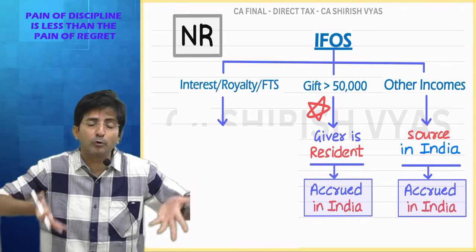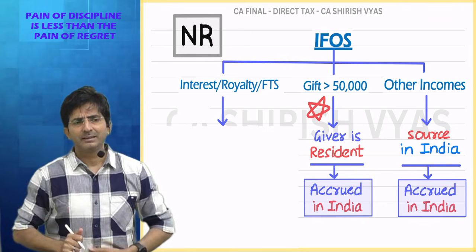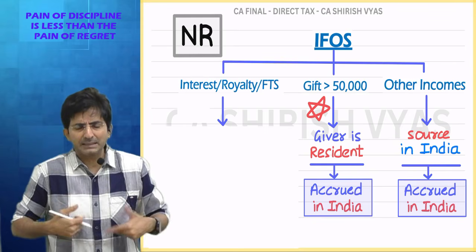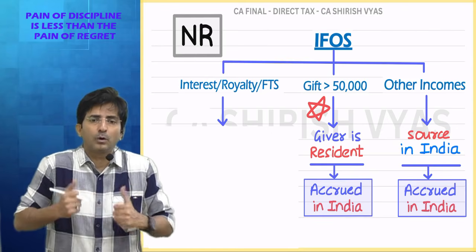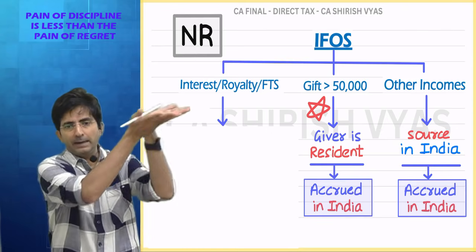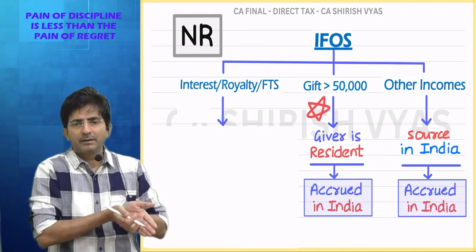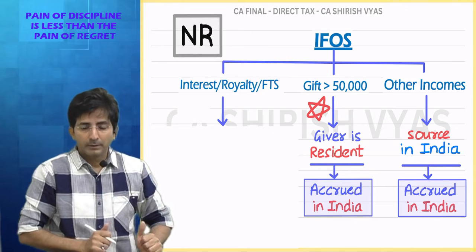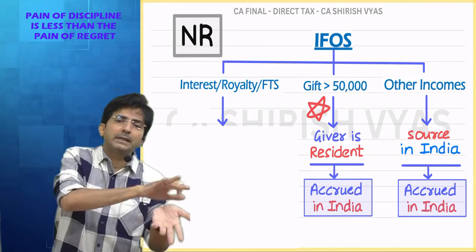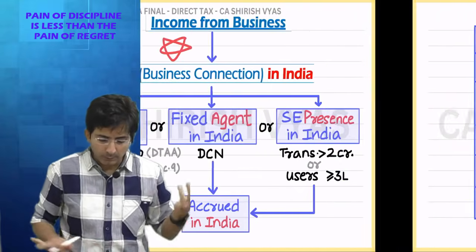For the one for whom it's an income, na. In my example of Shirish Vyas, was I thinking from Shirish? See, Shirish I saw for deciding the accrual, but it was the income of NR, that Singaporean guy. For him, it matters where the income is accrued. So always think from the person who is earning the income, na? Because this theory is what?